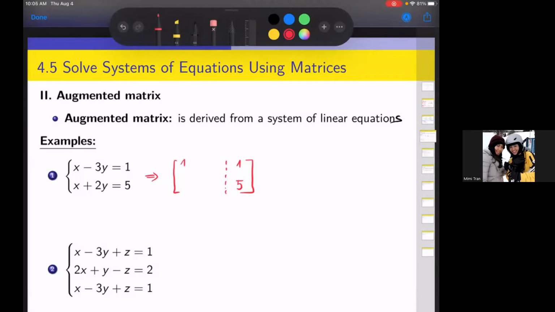So 1 and negative 3. Same thing for the second one, 1 and positive 2. And this is called an augmented matrix. That's all. What does that mean? You just write out the system of equations without x and y.